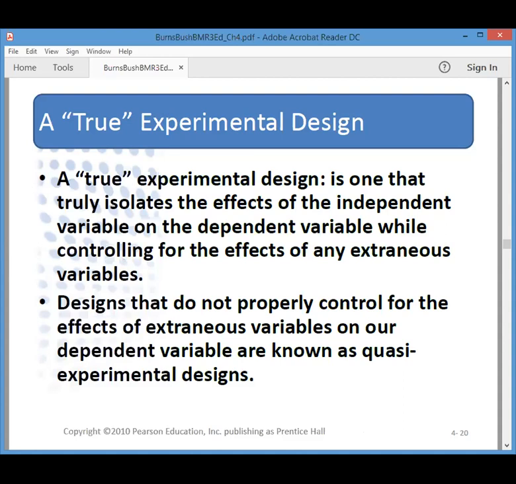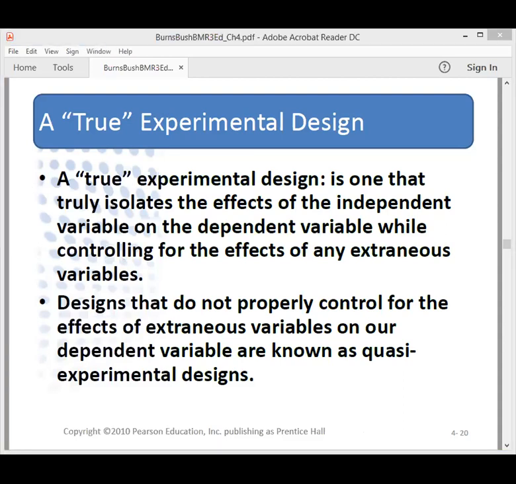Designs that do not properly control for the effects of the extraneous variable are known as quasi-experimental designs. A control group is a group of subjects who have not been exposed to a change in the independent variable. An experimental group is a group that has been exposed to a change in the independent variable.